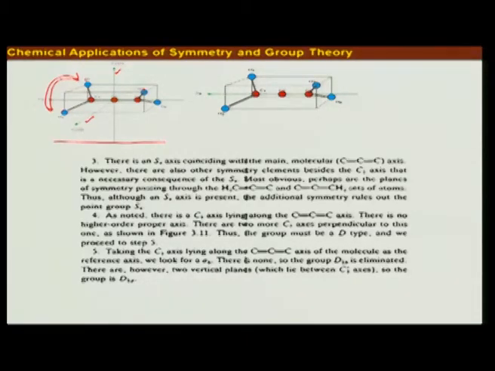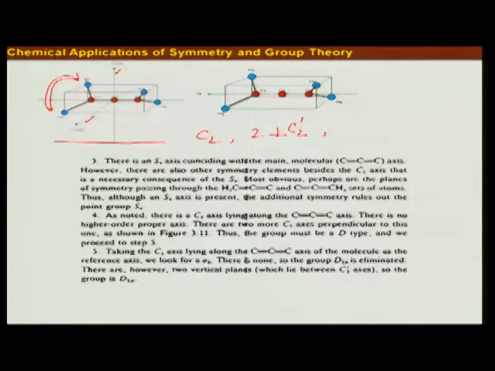So I already have C2 as the principal axis, and then I have two perpendicular C2s, which are always written as C2 prime. Perpendicular C2s, perpendicular with respect to the principal axis of symmetry, are denoted as C2 prime. So I have two C2 prime. By now I know that the molecule belongs to a D type, and then I have to ask, do I have a sigma h?